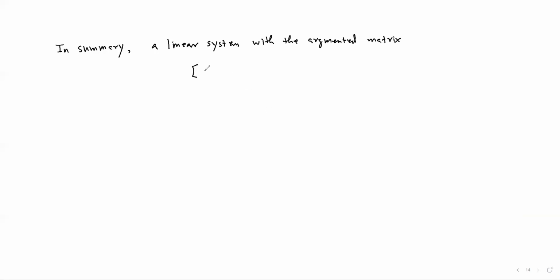First column, A1. It is a vector. Second column, A2, and say how many columns? N columns, AN. So these columns together are the coefficient matrix of the linear system. Now separate it from the right-hand side. The right-hand side is B. The right-hand side is also a vector.